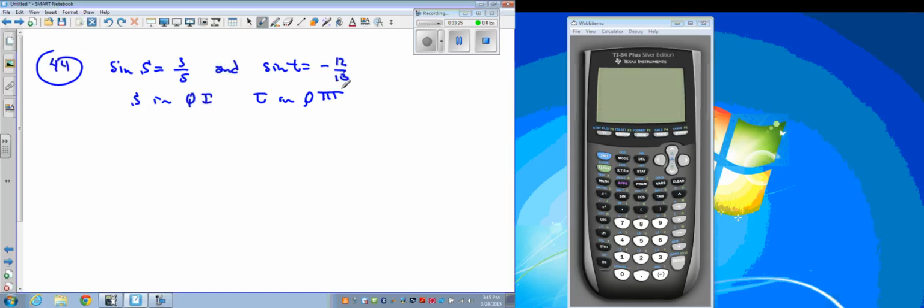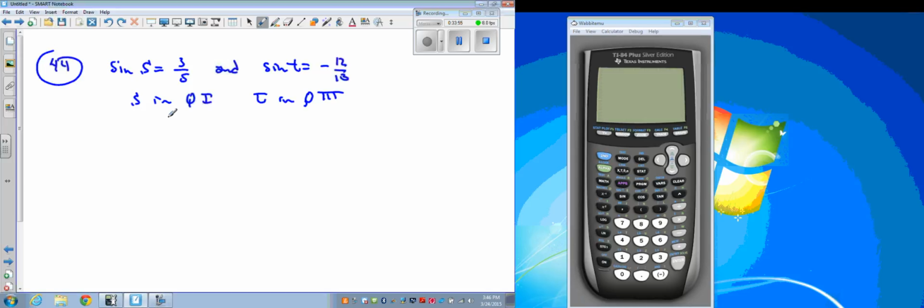Now, whenever you have something like this on a test, and you have sine equal to 3/5 or cosine equal to 4/5, that's a 3, 4, 5 triangle. It's always a 3, 4, 5. So if either sine or cosine is equal to 3/5 or 4/5, the other one is the other, because it's a 3, 4, 5 triangle.